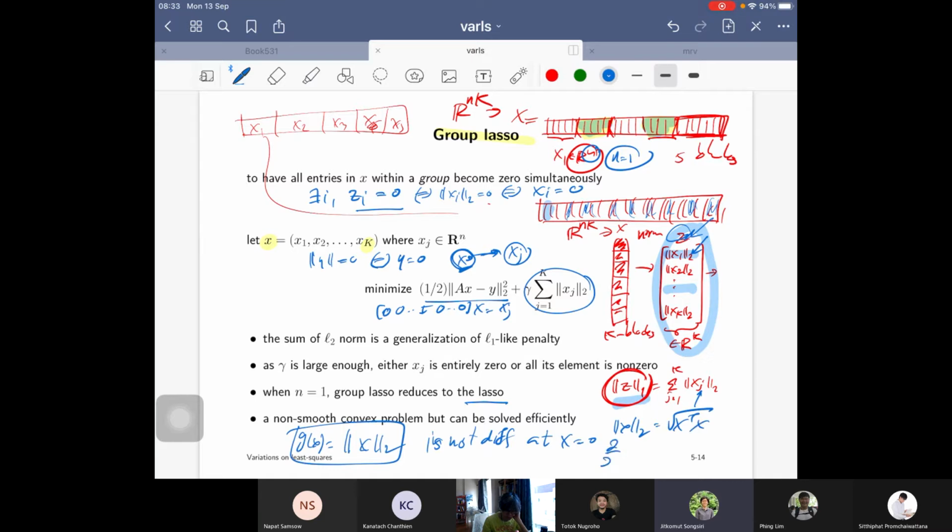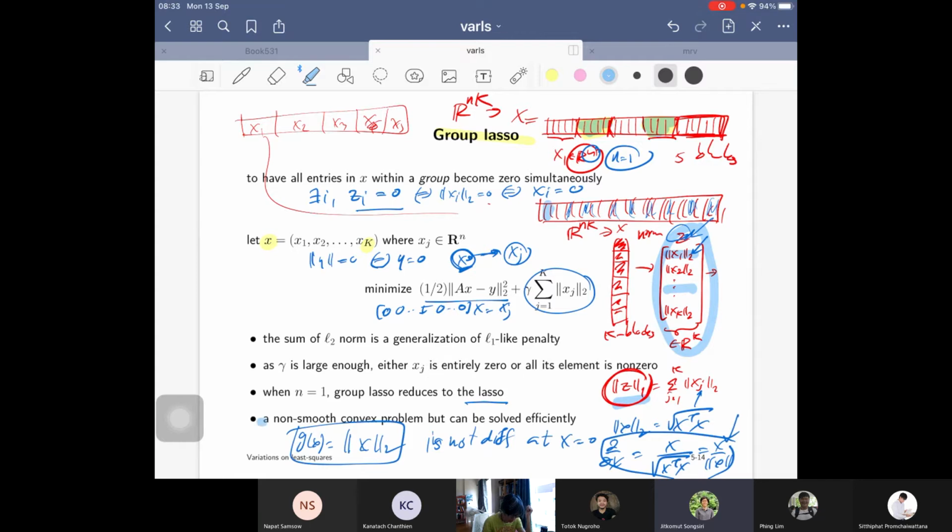If you take the gradient, you get x divided by the norm of x, and that expression is only valid when x is non-zero.